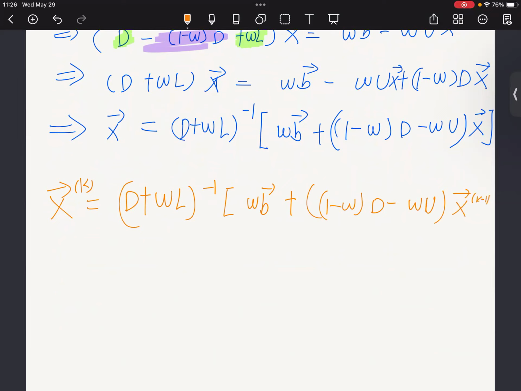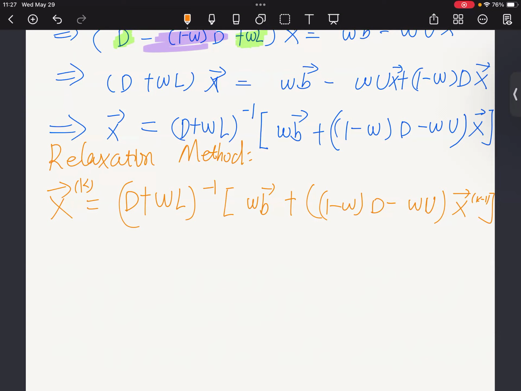And this is the relaxation method. This is only relaxation. It's not the successive over relaxation, because over relaxation means something about the omega value.